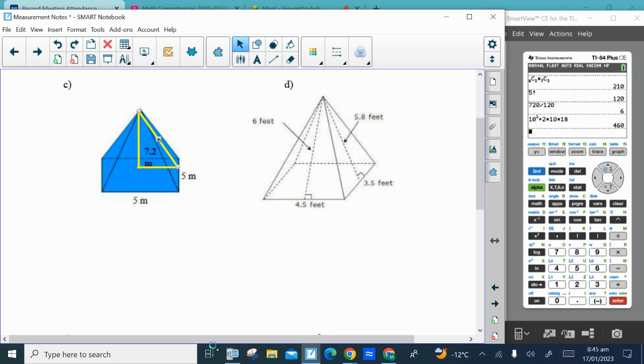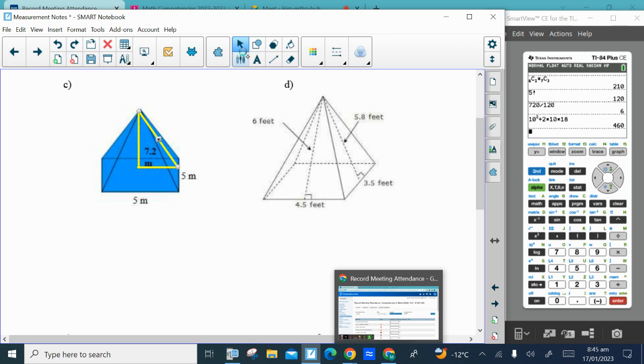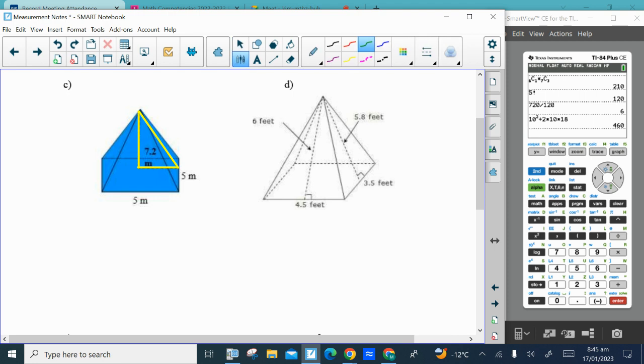And the hypotenuse of that right triangle is the height of the triangular face.